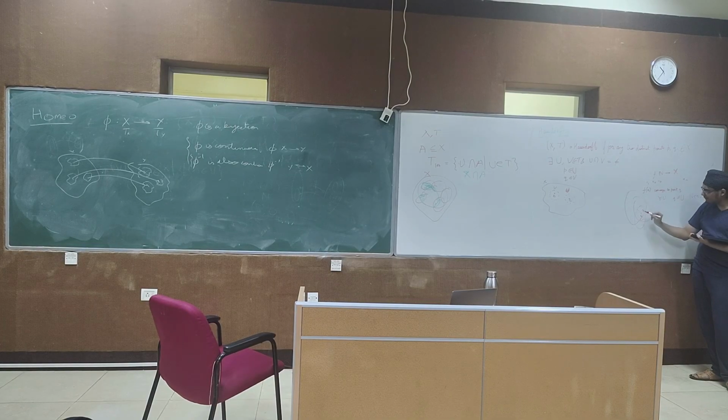So if a sequence is converging to Q, it is also converging to P. Do you guys see that? The capital N that we take for converging to Q, for each of these open sets there exists some N.